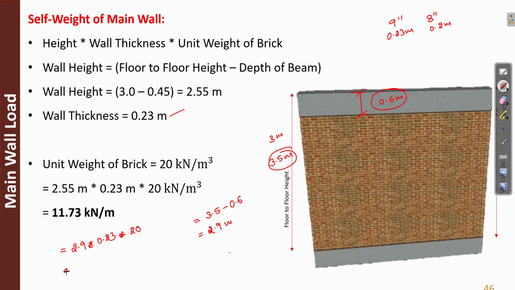What is the load you should assign? 13.34 kilonewton per meter. It depends on your project to project. So this is the example I've taken to demonstrate how to calculate the wall load.